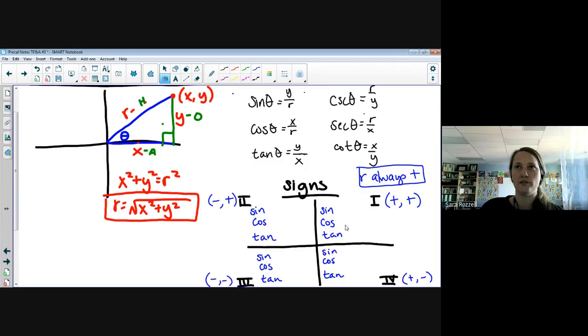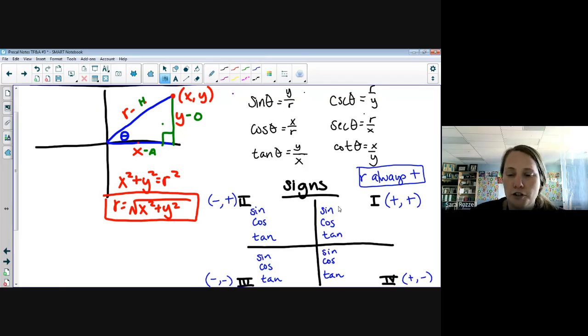I'm going to help you guys with the first 2 quadrants, then you guys will fill out the second 2 quadrants. So our first quadrant, we're going to do sine. Sine is Y over R, okay? In the first quadrant, sine is positive, yes? R is always positive. So a positive number over a positive number makes a positive.